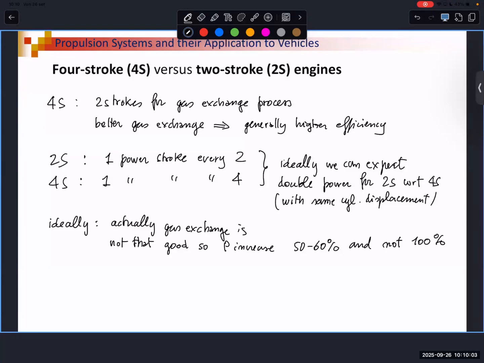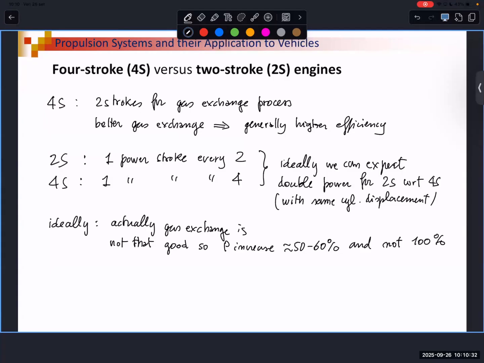So just to provide the order of magnitude. I expect a power stroke that is double the time, because at the same speed I will have two power strokes, so I can expect the power is double, but as the gas exchange process is not that good, the power increases, but not to what I can expect.